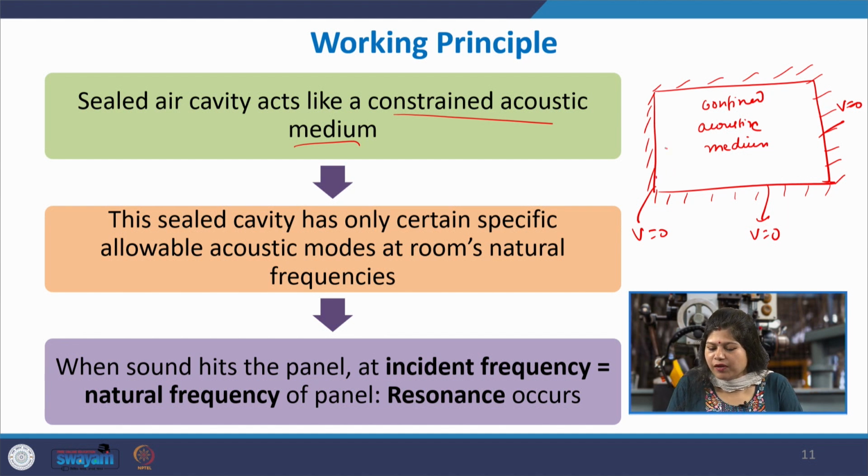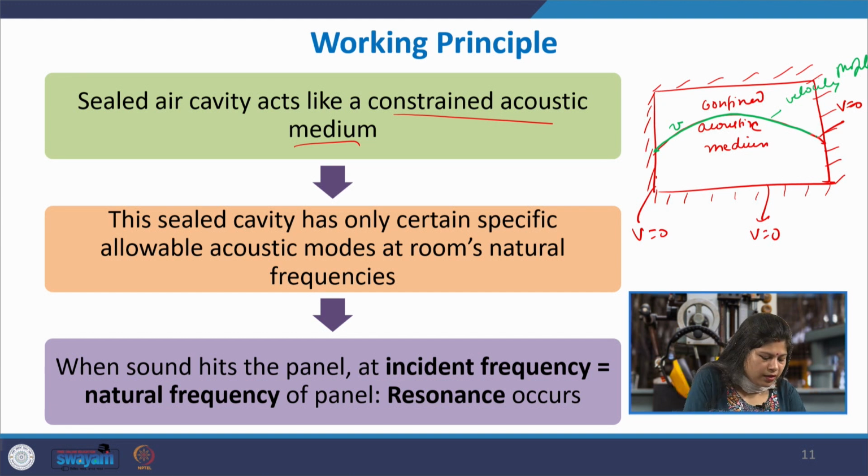Maybe you can have a wave like this, or you can have a wave like this. So, this shows the velocity profile, the acoustic velocity. It can reach a 0 value. So, one wave could be like this. Then you can have a wave like this. Then you can have a wave like this.